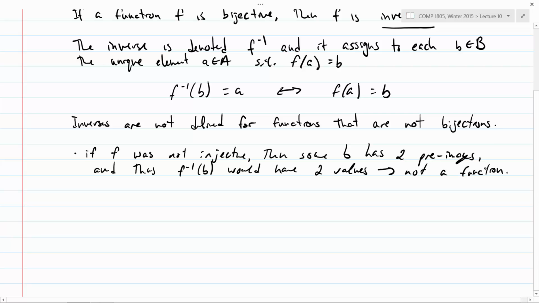Right? One input can only give you one output. You can't ask a function a question and get two answers.